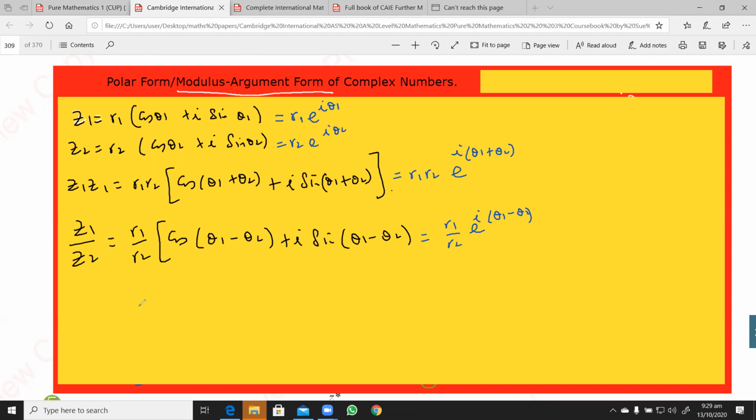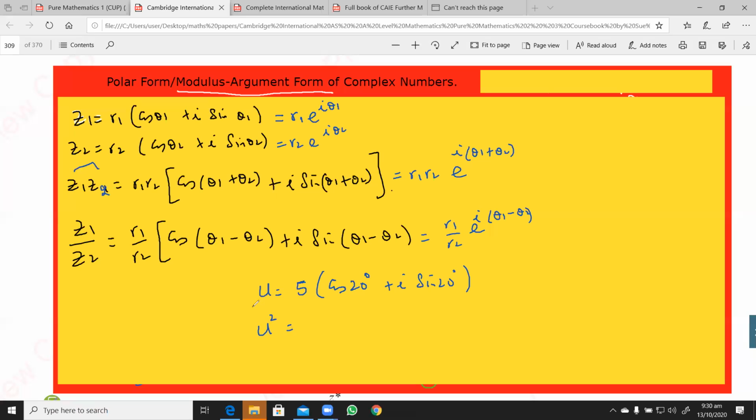Now imagine, bachcho, you have a complex number z, or let's say u, which is 5 cos 20 degrees plus iota sine 20 degrees. Can you tell me quickly what will be the complex number u squared? What will be the modulus of u squared? That will be 25, because of the way you have done z1 into z2.